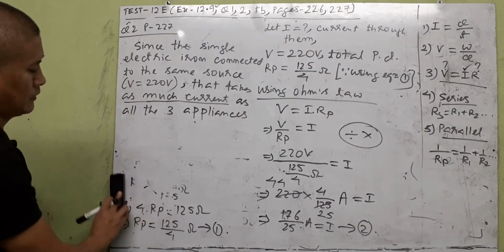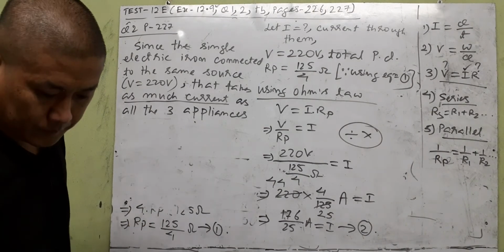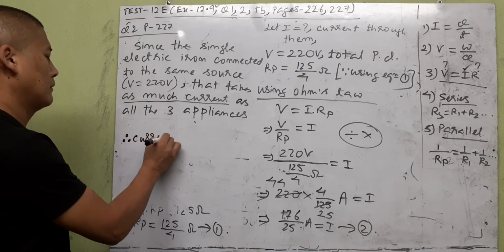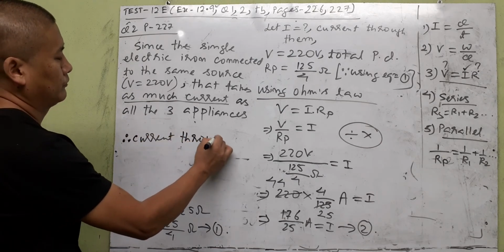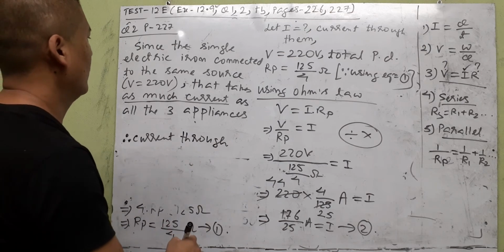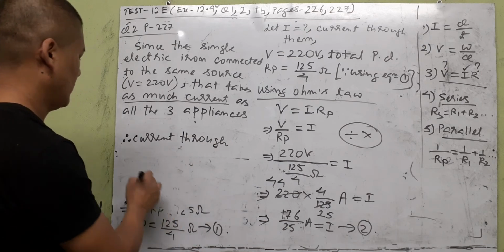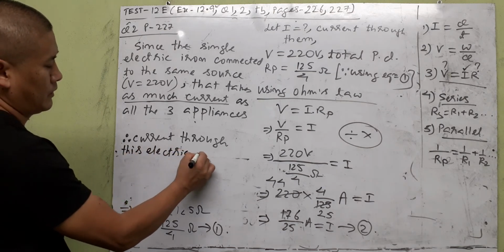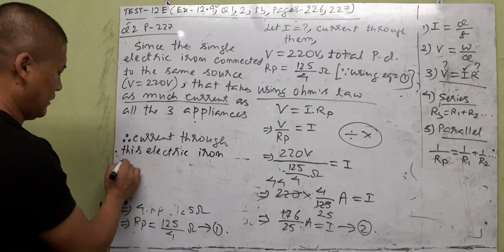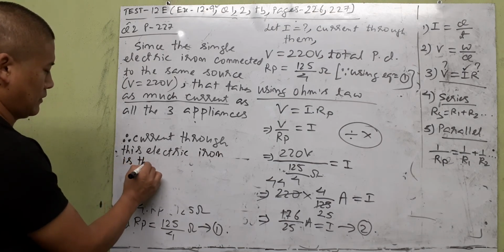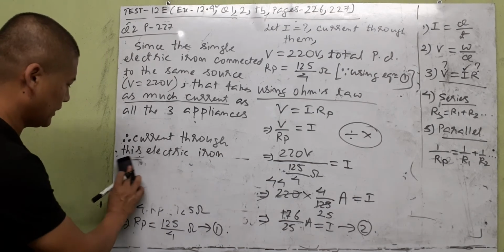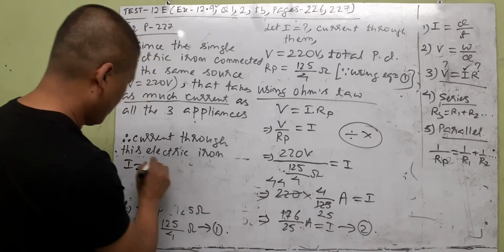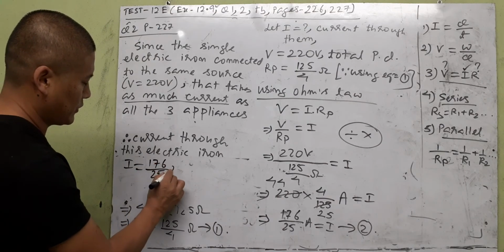Therefore, the current through this electric iron is the same, so I equals 176 by 25 ampere.